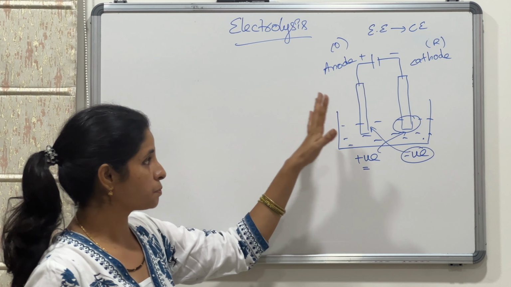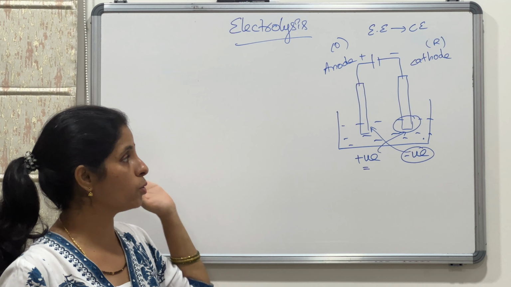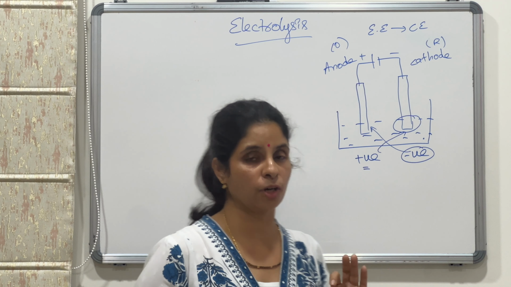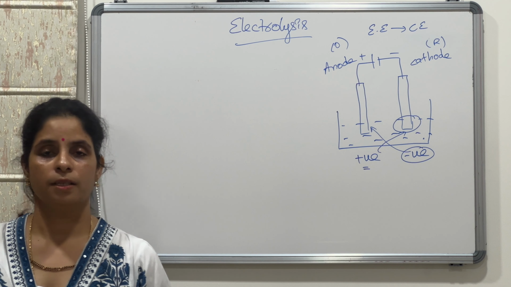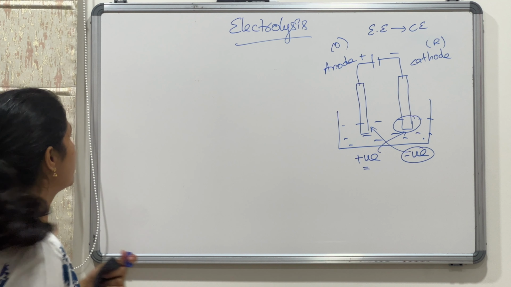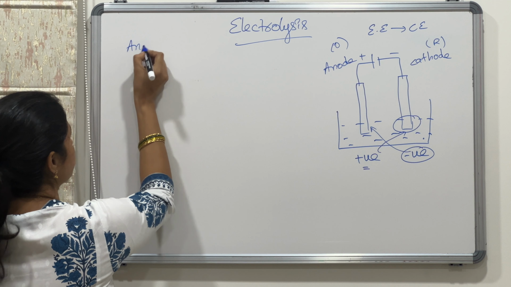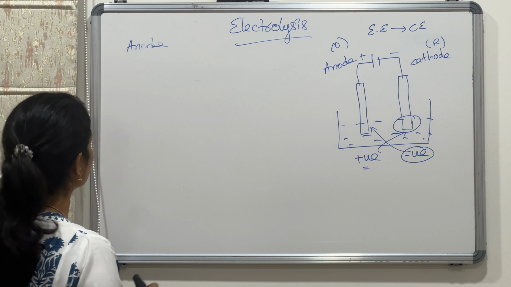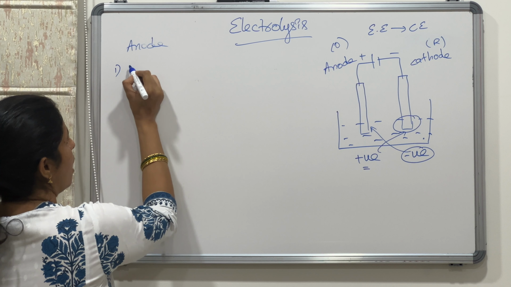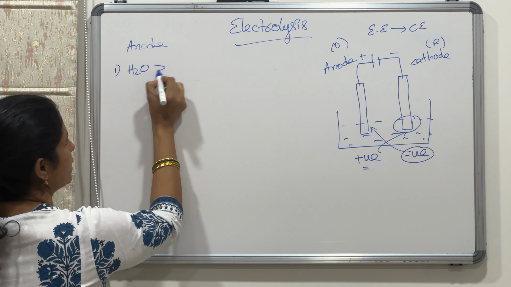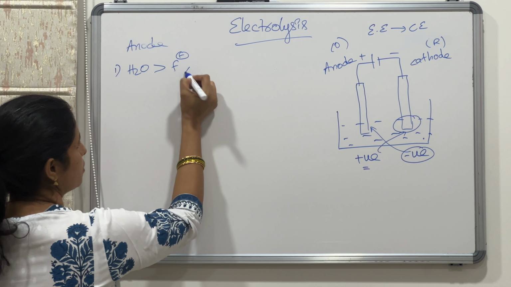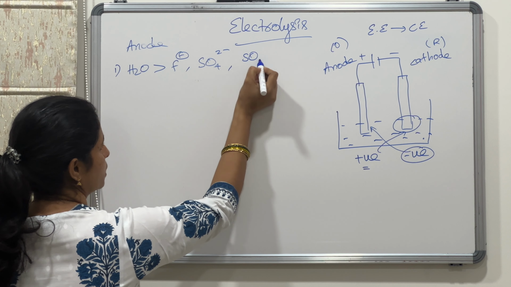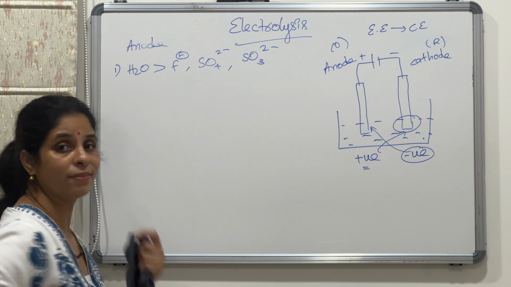These 4 rules are for inert electrodes only. Now the first rule is to write the products at the anode. If the oxidation potential of water is greater than the anions like F minus, SO4 2 minus, SO3 2 minus, what will happen?